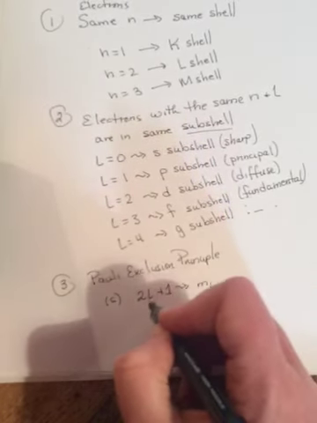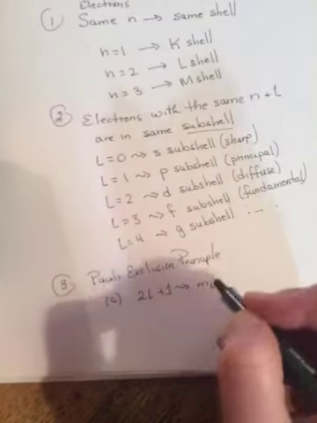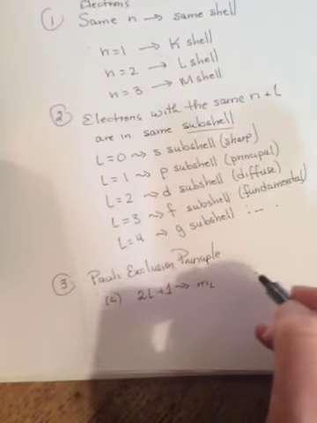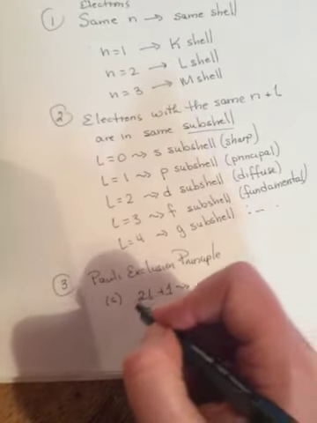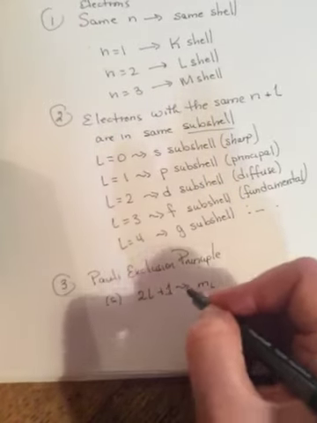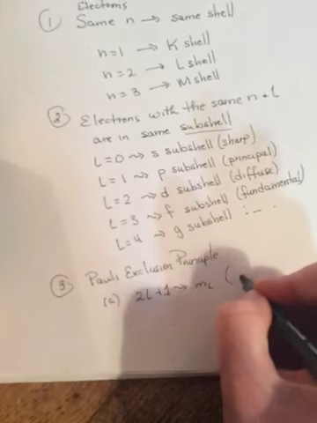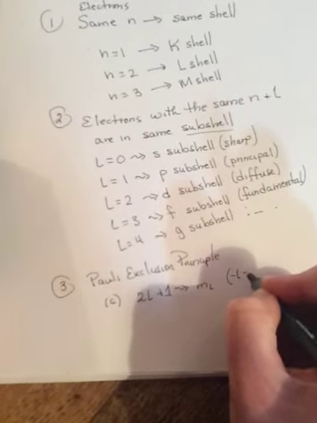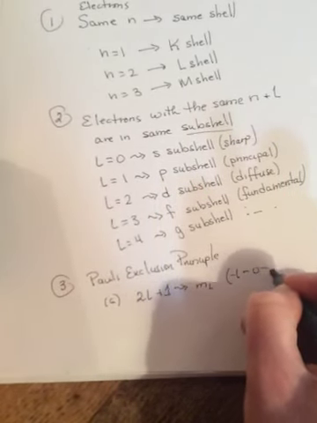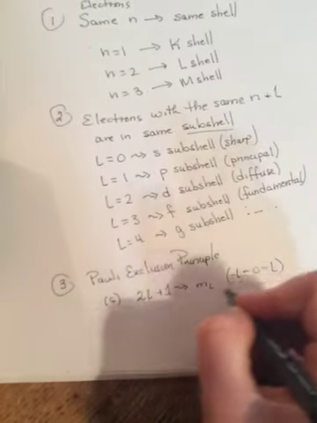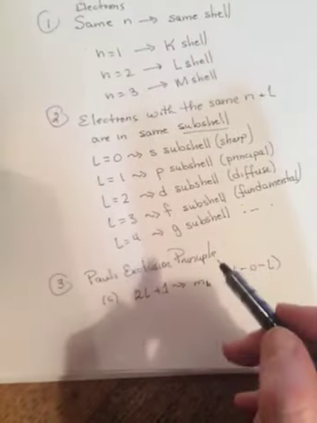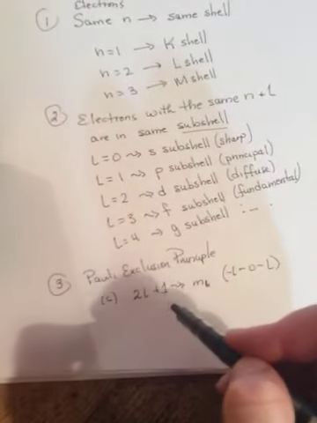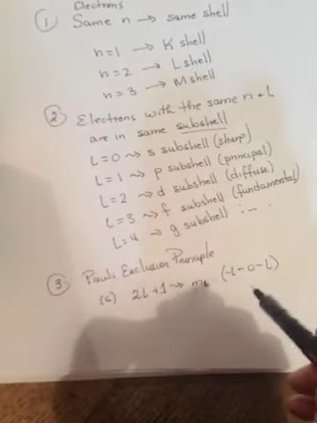If L is 1, then there can be 3 MLs: 1, 0, and -1. If L is 2, then there can be 5: -2, -1, 0, 1, and 2. Because remember, ML goes from -L up to 0 up to L. So the number of MLs, and the number in a subshell, depends on what the L is.